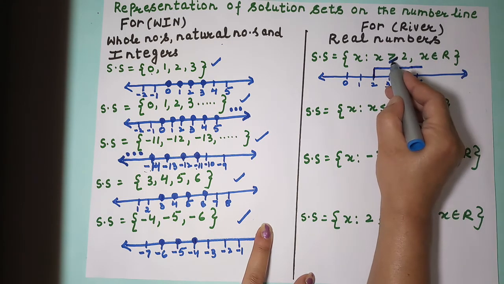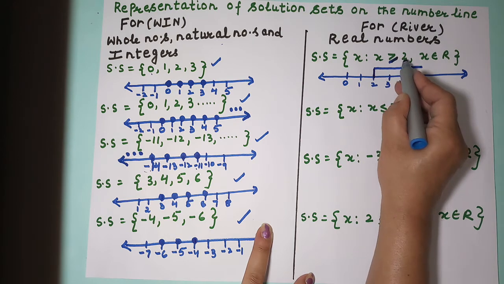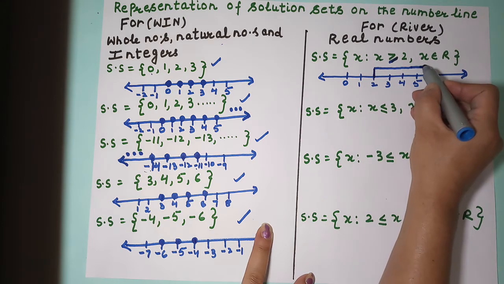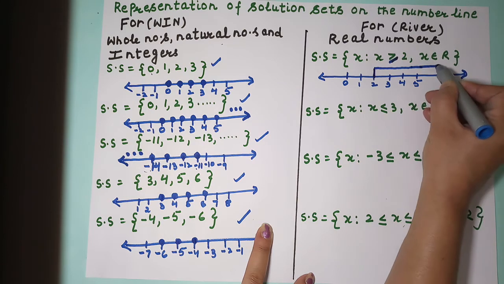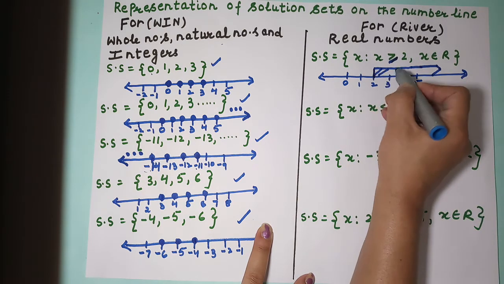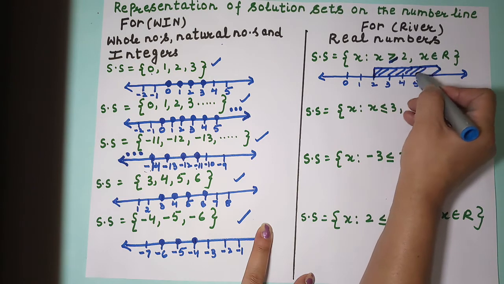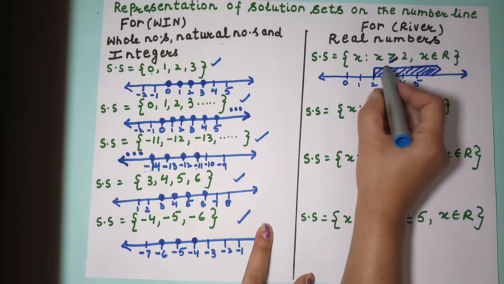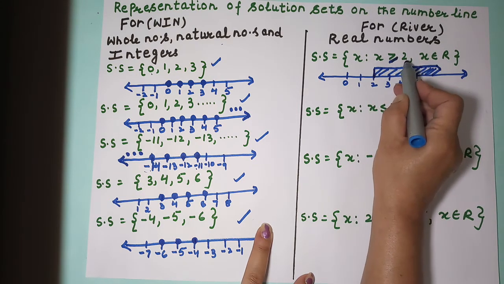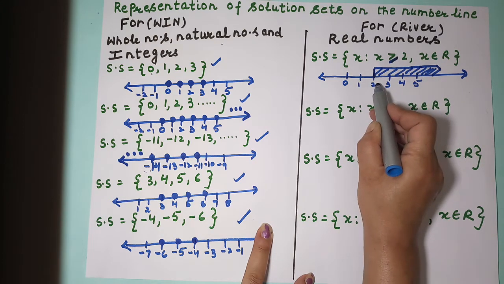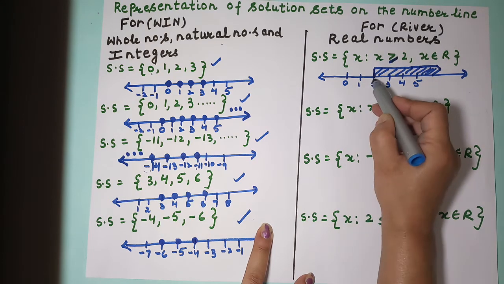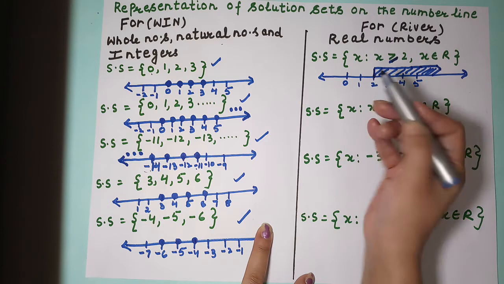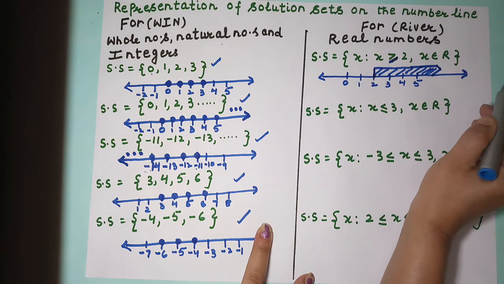Since starting point we don't have the end point. So what we will do is we will move to this side, draw an arrow like this and then shade that arrow. This represents that x is greater or equal to 2. That means it will take all the numbers starting from 2 to any number to infinity.